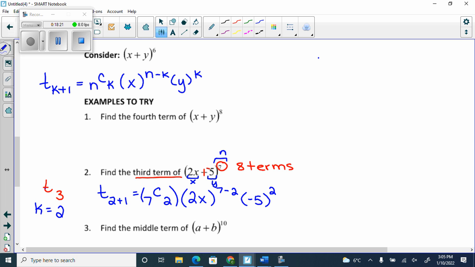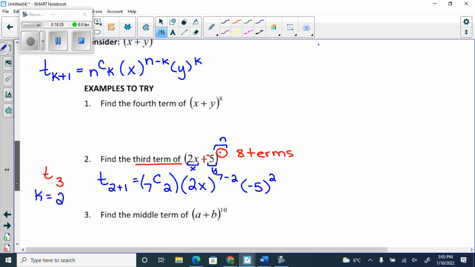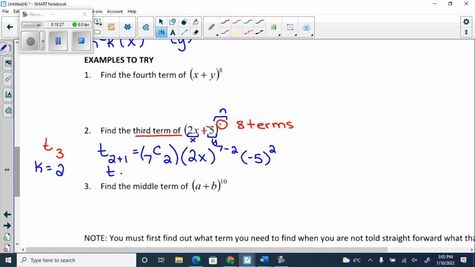So I'm literally just filling them into your formula sheet. What is 7C2? I don't know what that is. So this is t3 equals, what's 7C2?